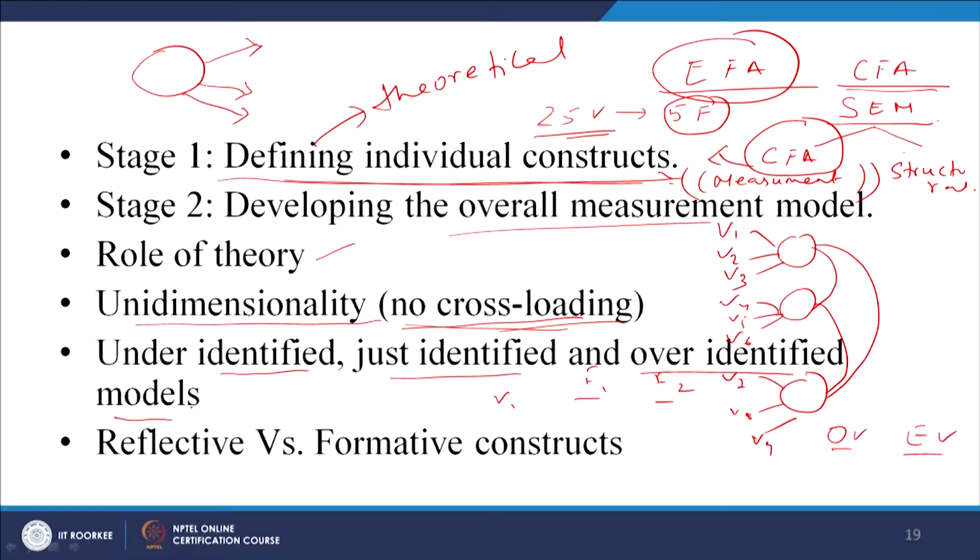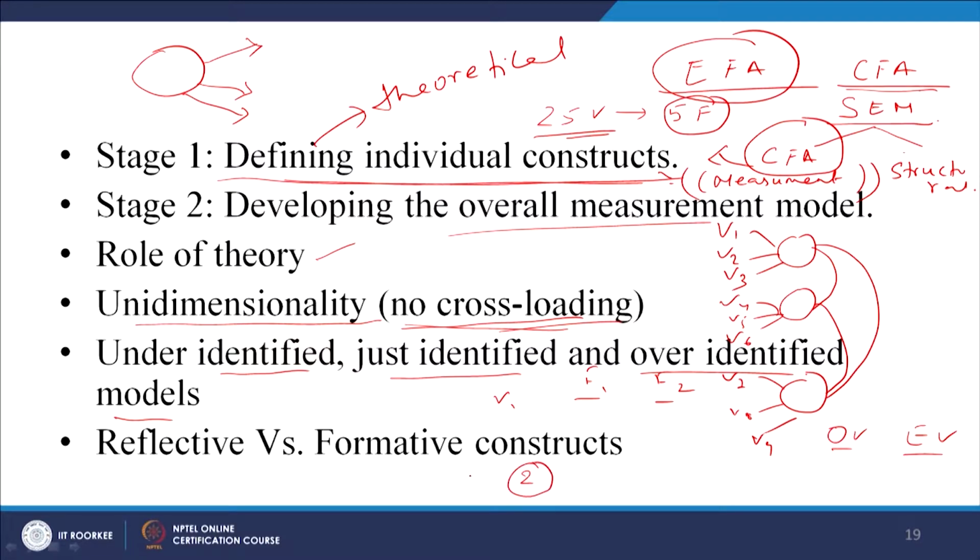Next, we talked about under identified, just identified and over identified models. This is simple, it depends upon the number of parameters to be calculated. For example, say you have a model with one construct and 2 variables, V1 and V2.